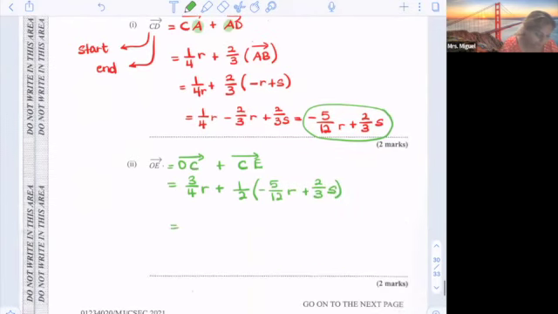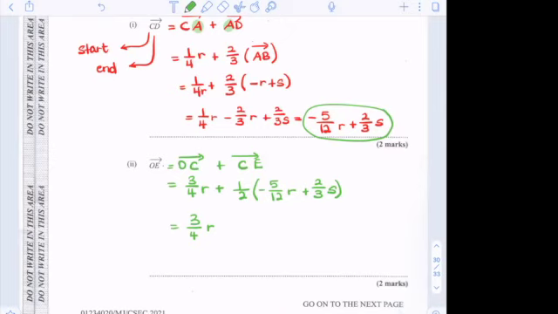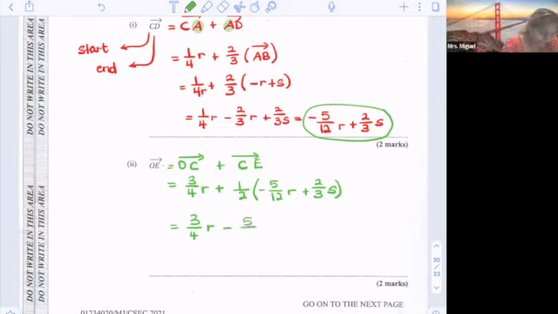So work out for me, what is a half of minus 5/12? A half multiplied by negative 5/12. Negative 5/24. Yes. Negative 5/24 R. And how much is a half multiplied by 2/3? 1/3.